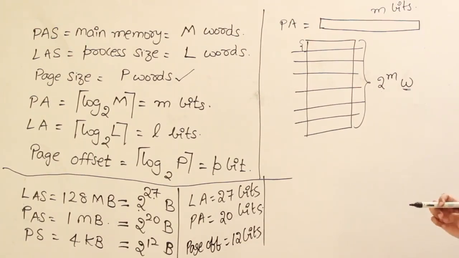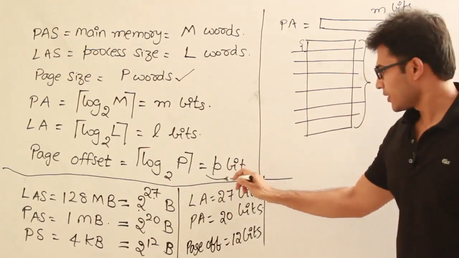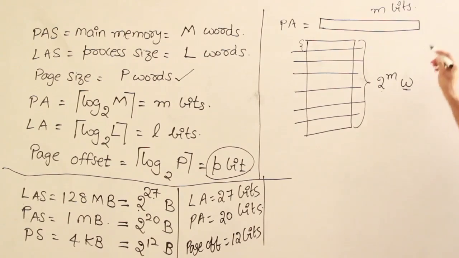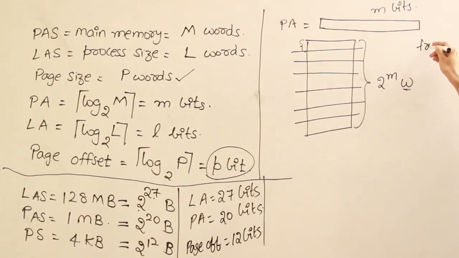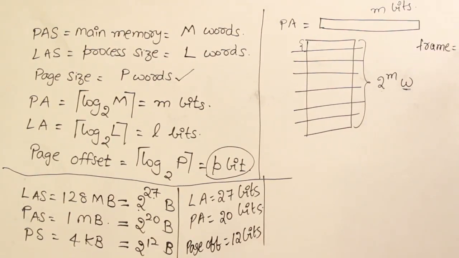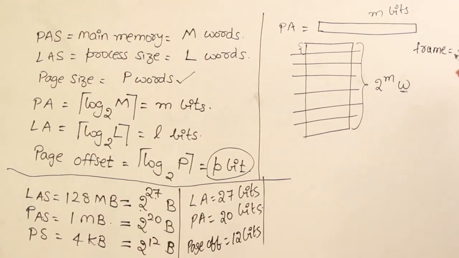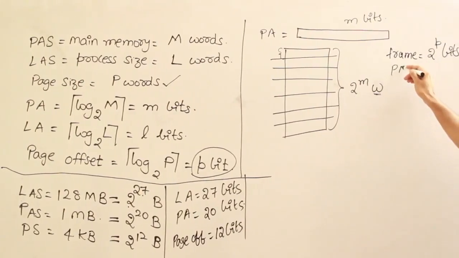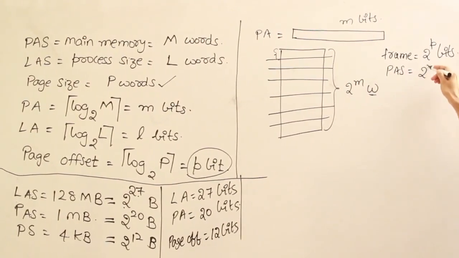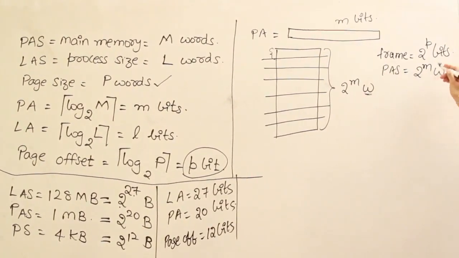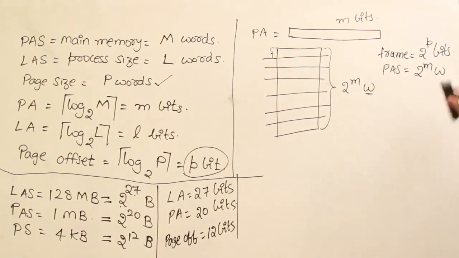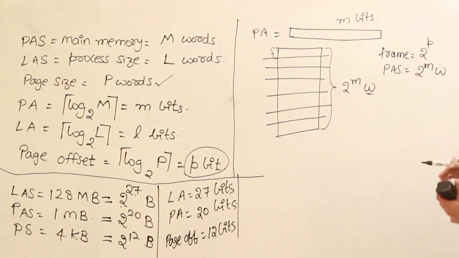So let me write this p in terms of bits, which I could divide. So page size, or frame size, is going to be 2 power p, and the physical address space is actually 2 power small m words.